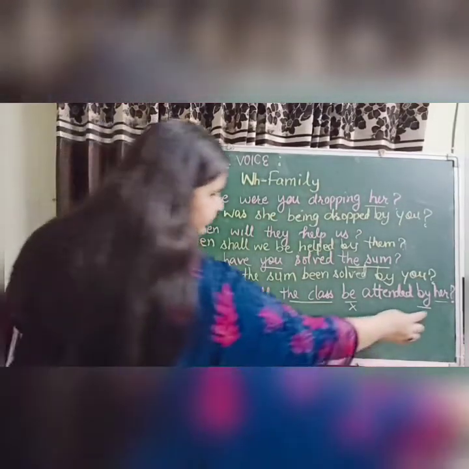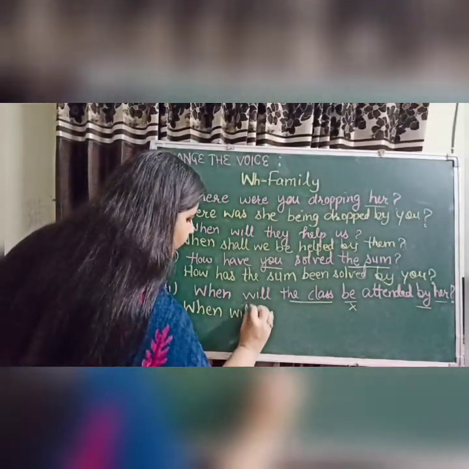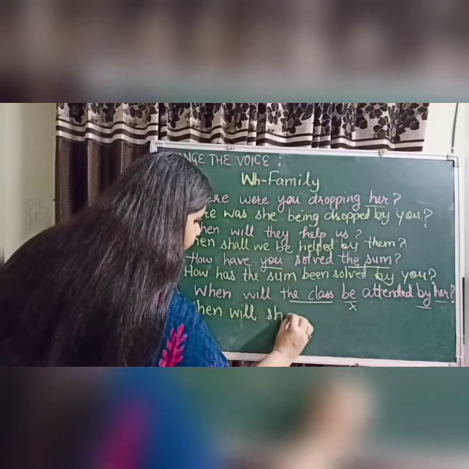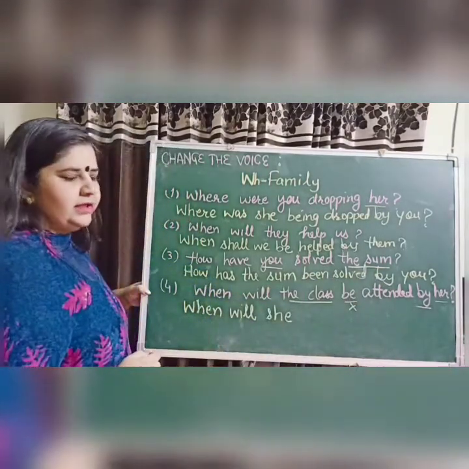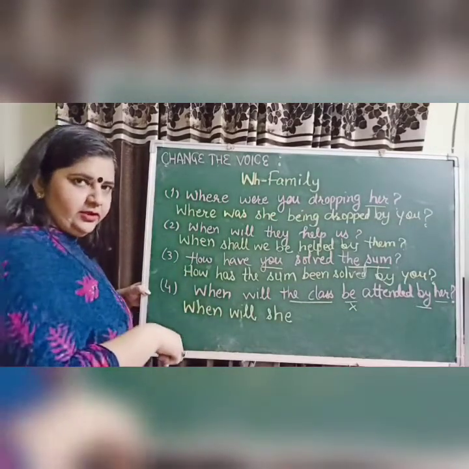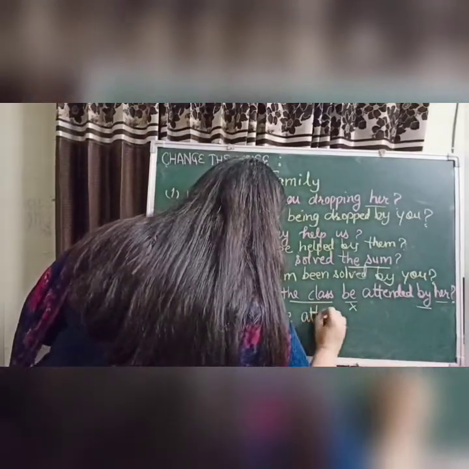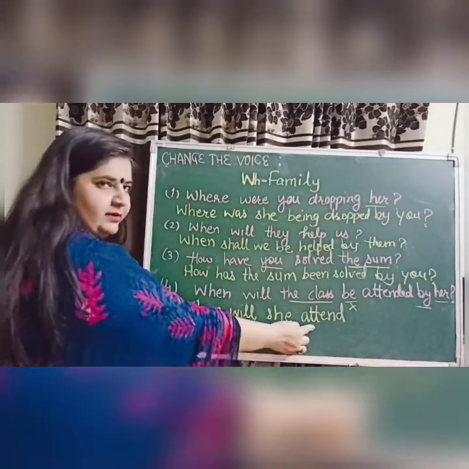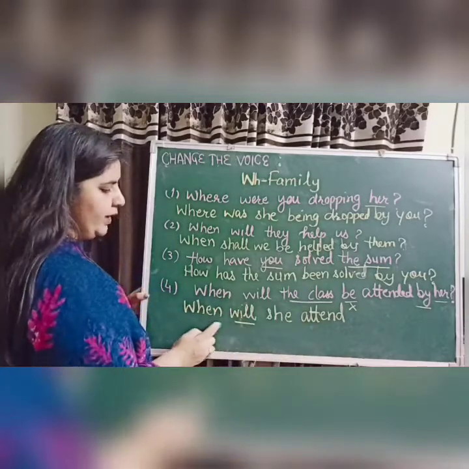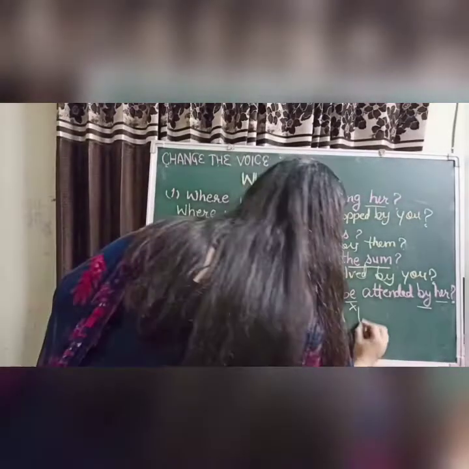Object is her, it will become she, and with she we'll use will. When will she? Be is cut and here attended will be changed into attend, first form of the verb. Because here be has been cut, will or shall are compatible with the first form of the verb. When will she attend? Attend what? The class.